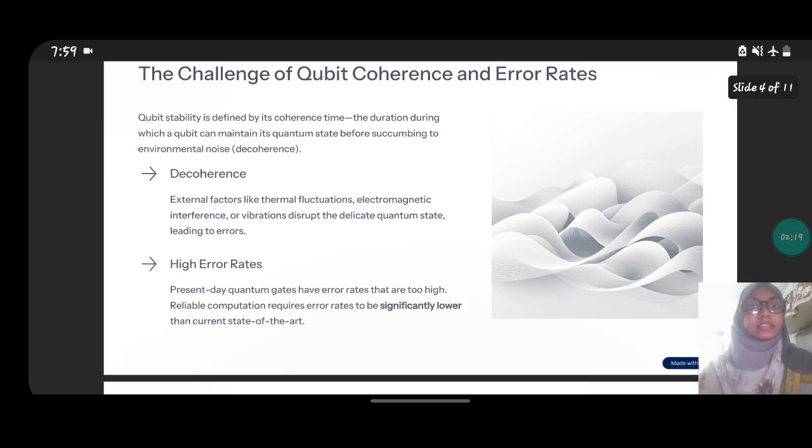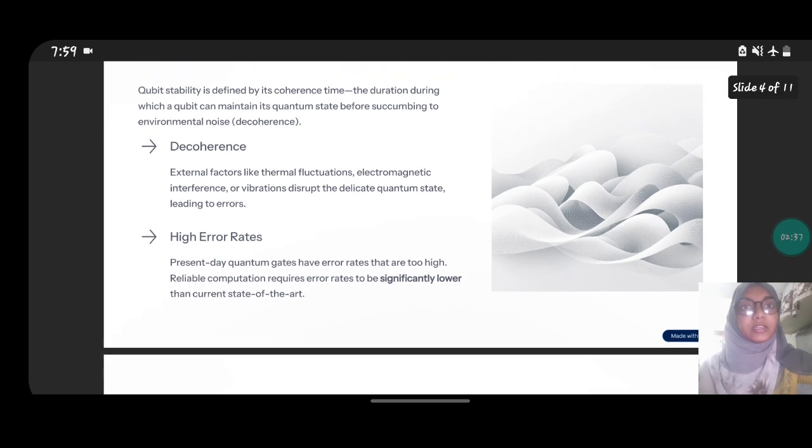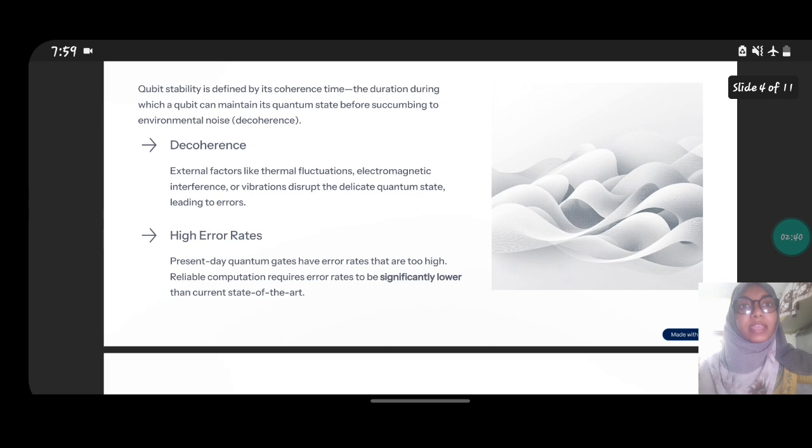Decoherence is the opposite of coherence, so the qubit cannot maintain its quantum state, it loses its quantum state. Among its factors, external factors like thermal fluctuations, electromagnetic interference and vibration disrupt the delicate quantum states, leading to errors.